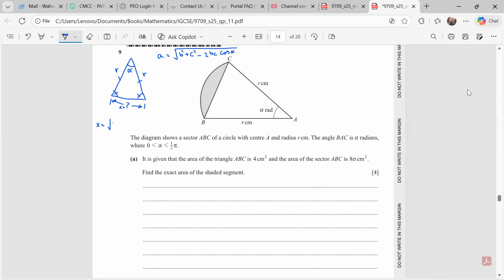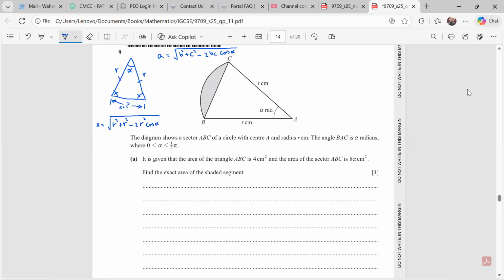So I apply it on this triangle. So a is r square plus c is also r square minus 2, now b and c is r times r, which is again r square, into cos of alpha. So this is going to be this side.